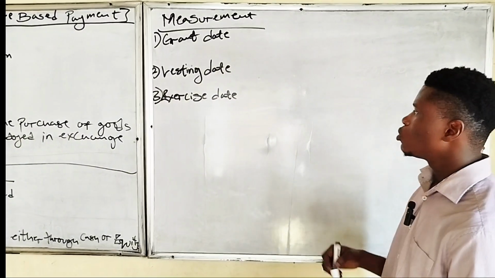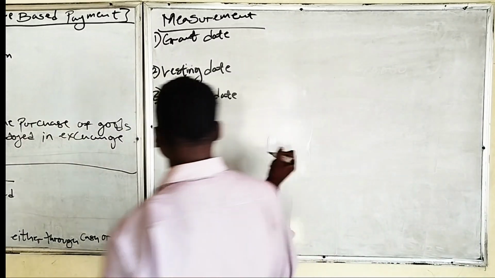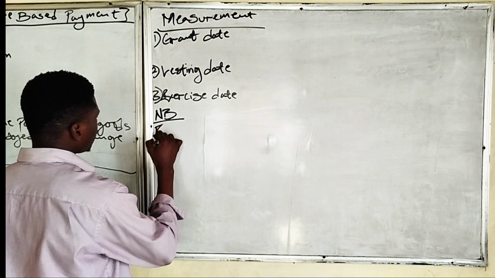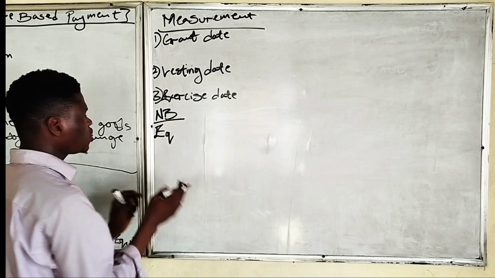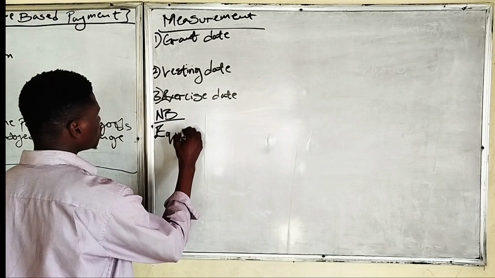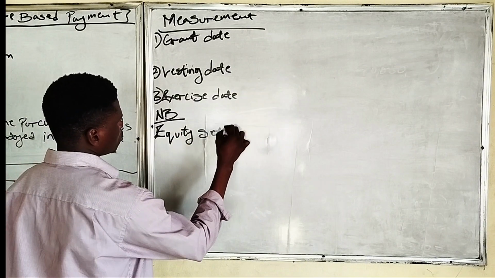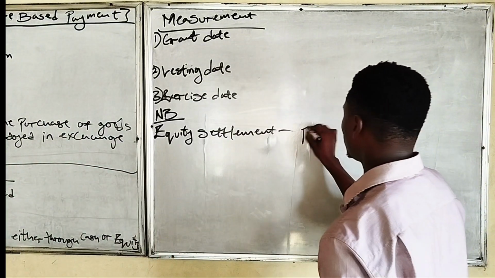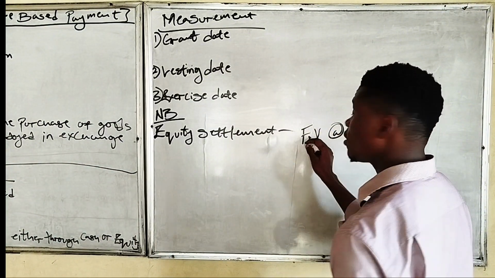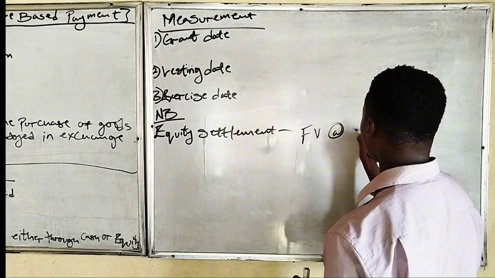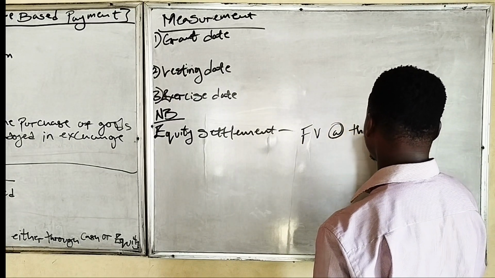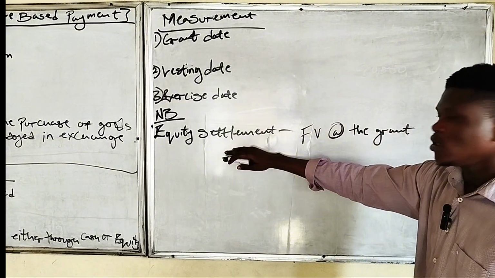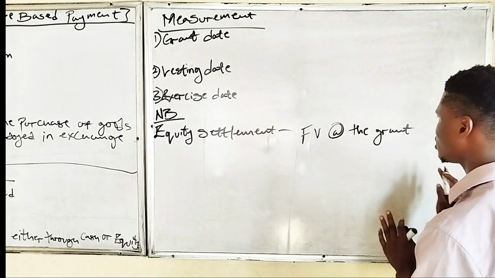Another important thing to take note of is the values which we use for each of these settlements. For equity settlement, you use the fair value. We've done fair value, which is IFRS 13. The fair value at the grant date. We'll take series of examples on equity settlement and also on cash settlement so that we understand this very well.